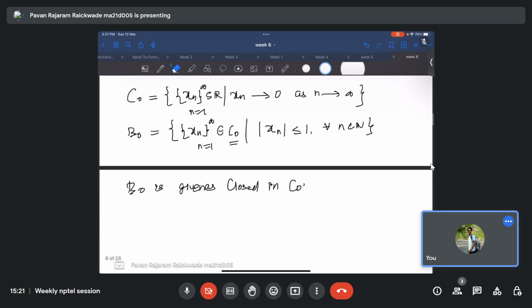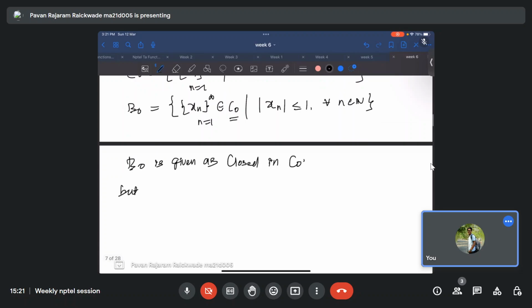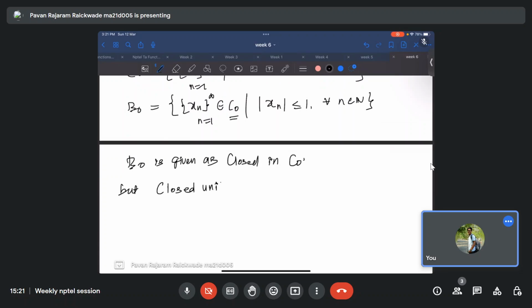But if we take the closed unit ball of L infinity, say B naught tilde, then B naught is just B naught tilde intersection c naught.